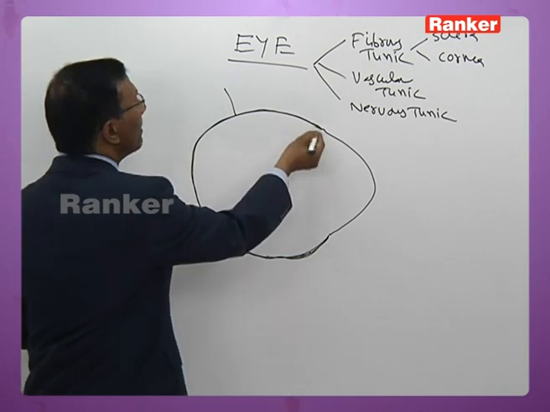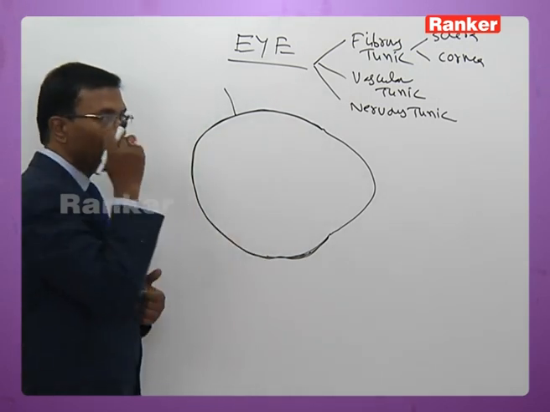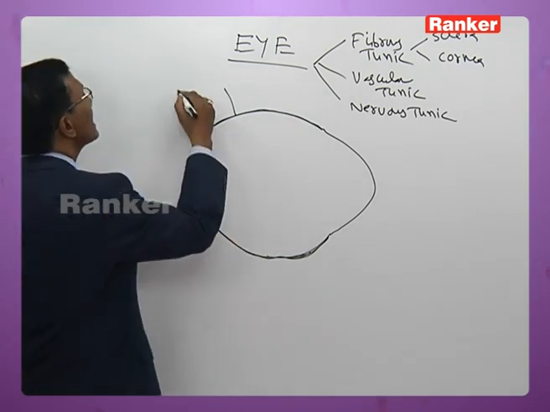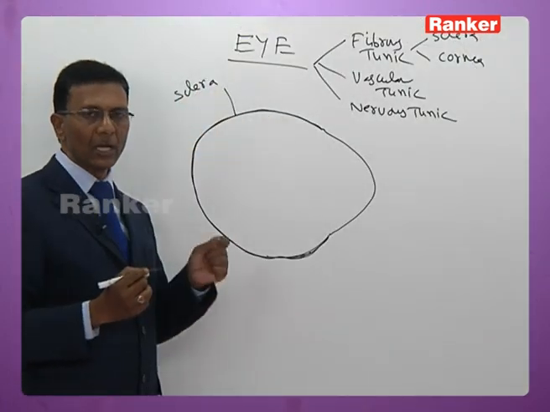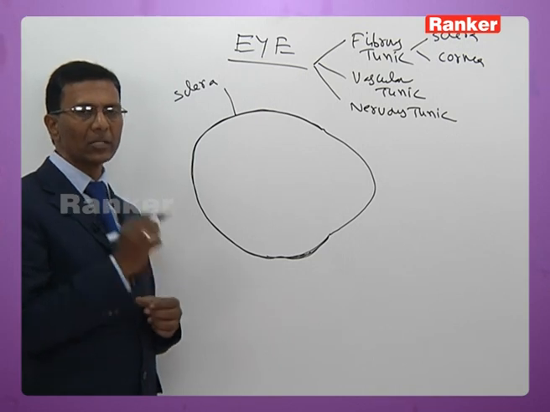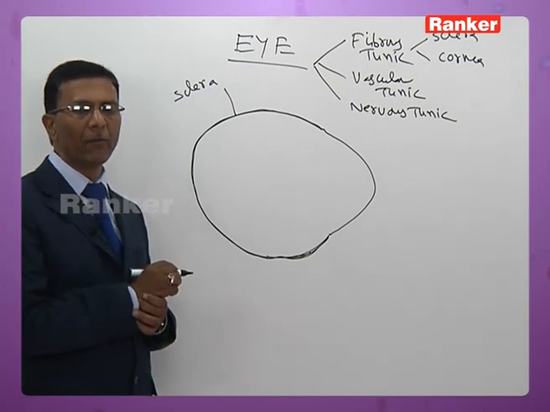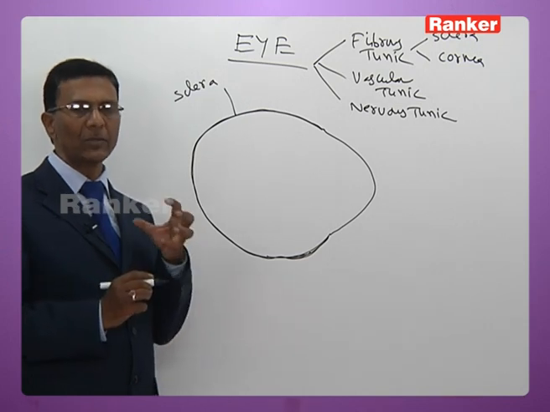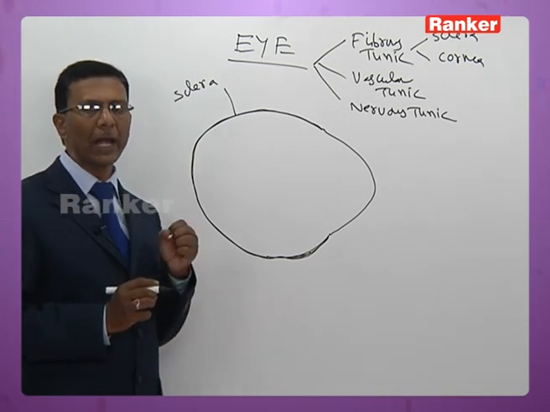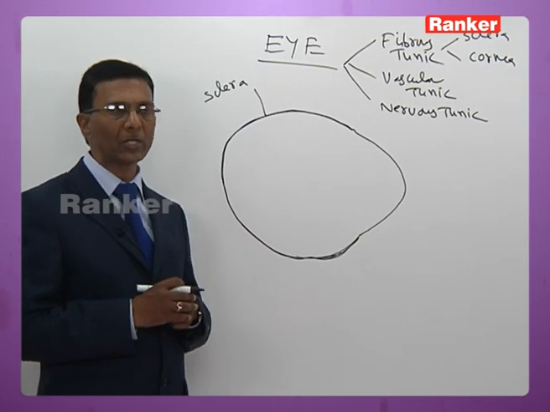The entire posterior part of the eyeball, embedded in the orbital fossa, is the sclera. Sclera has a bluish white tinge. It gives definite shape to the eyeball and protects it from external shocks.